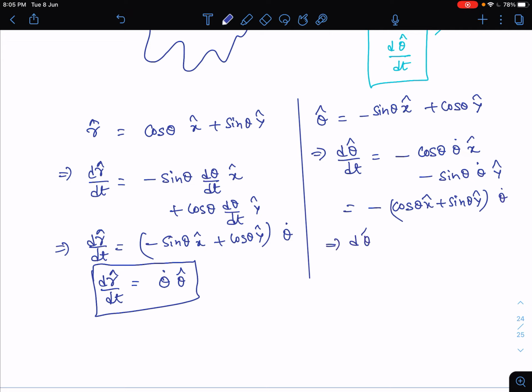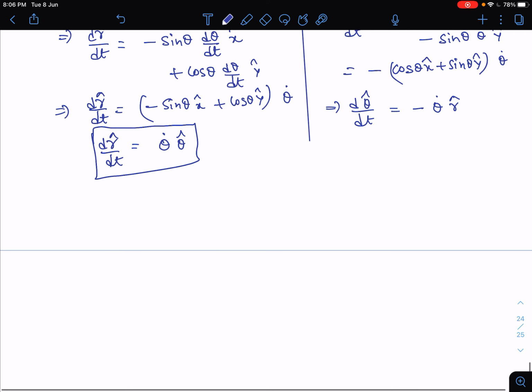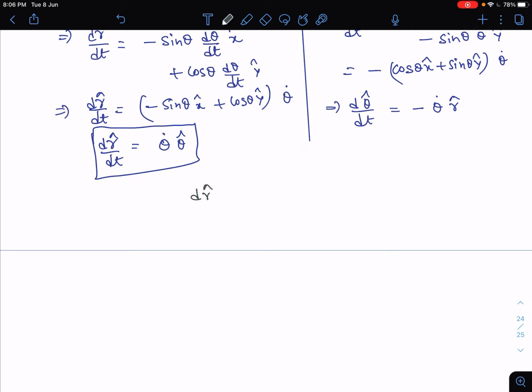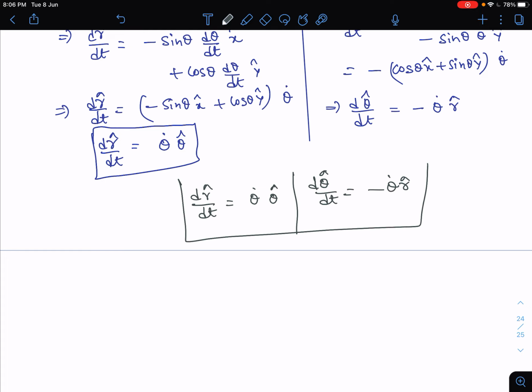So d theta cap by dt is nothing but minus theta dot r cap. So we have the following two relations, how r cap and theta cap are changing with respect to time: dr cap by dt is theta dot theta cap, and d theta cap by dt is minus theta dot r cap. So these are the basic relations.